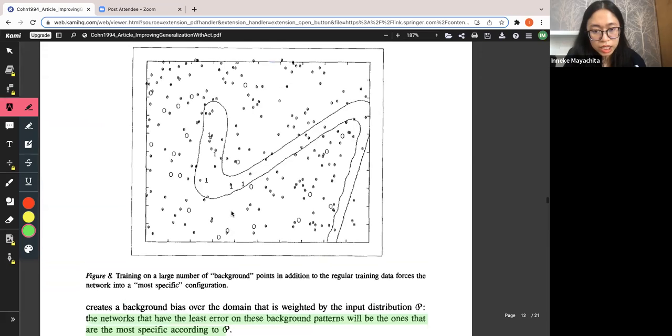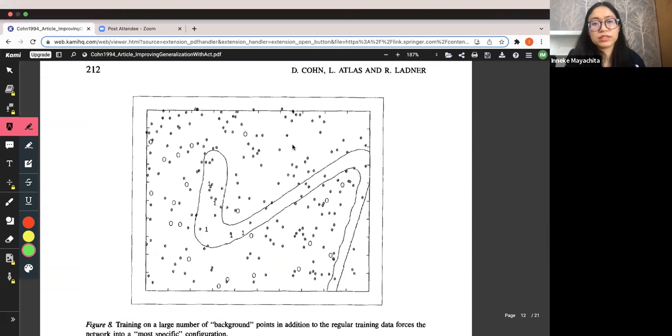But remember that the background examples are obtained by drawing unclassified examples from the distribution and labeling them as negative.